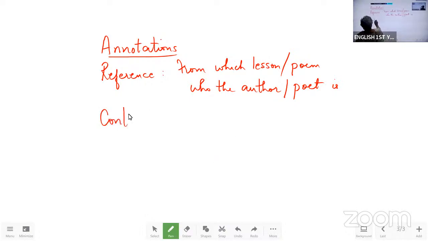Context is the explanation of that particular line. Like I have told you, the poem revolves around two things. That is, one way the poet goes in search of the meaning of happiness. Where does he go?